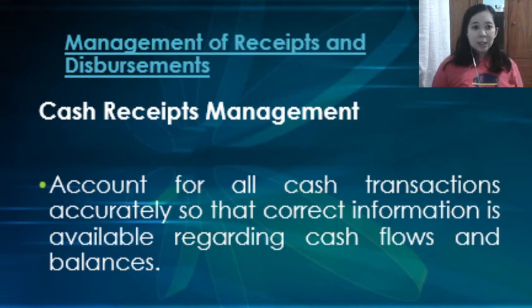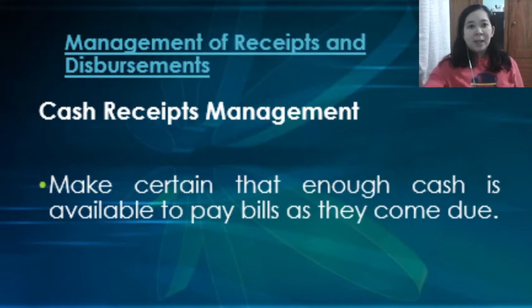First, they should account for all of their cash transactions accurately so that the correct information is available regarding the cash flows and balances. We have to record it correctly in terms of its amount, the source, and the like. Second is to make certain that enough cash is available to pay for the bills as they come due.